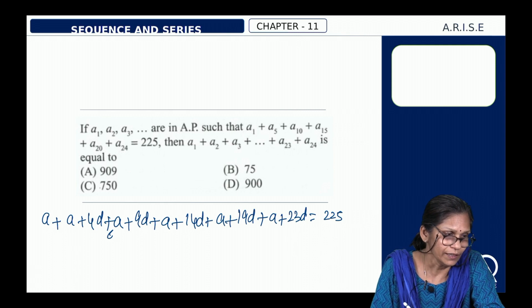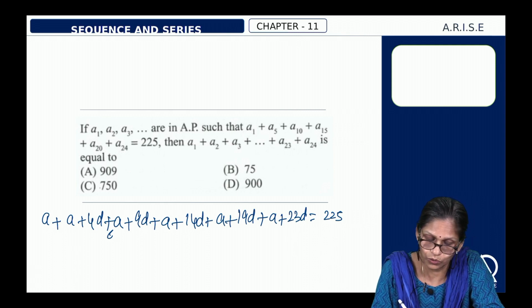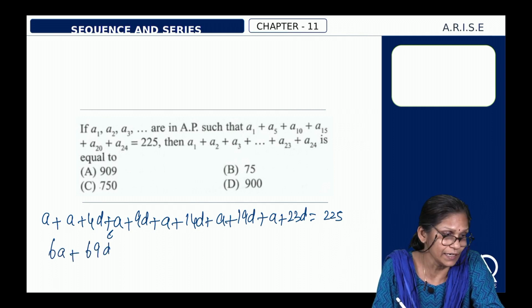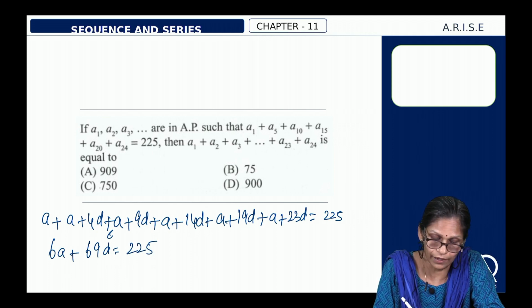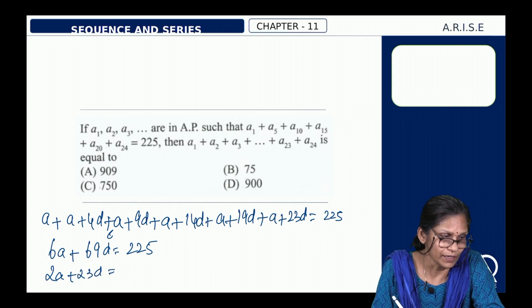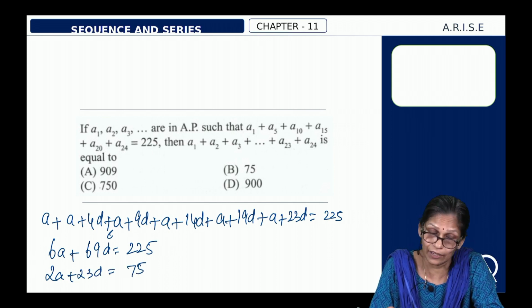It is given that 1, 2, 3, 4, 5, 6, 6A plus 69D is given to be 225. You can cancel throughout by 3. You have 2A plus 23D is 75. That's what's given to you.